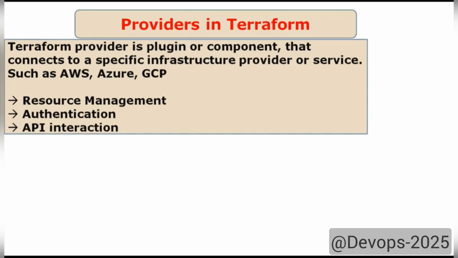And the next thing is the Terraform provider. The first thing is how to use the Terraform provider. First we need to declare the provider, which is called the provider block. What is the syntax? How can we define it? That means we have to specify the provider in the Terraform configuration file.